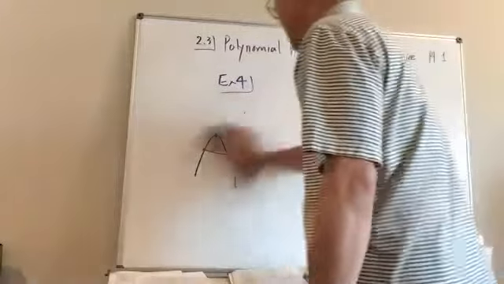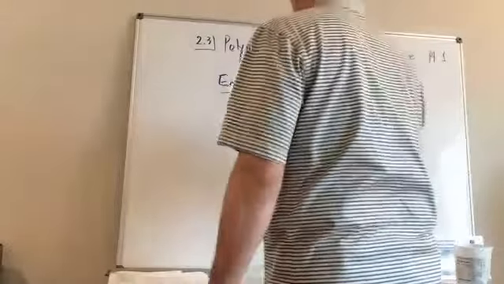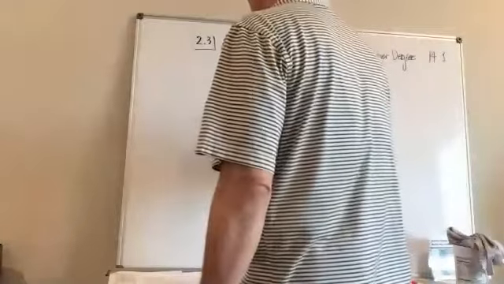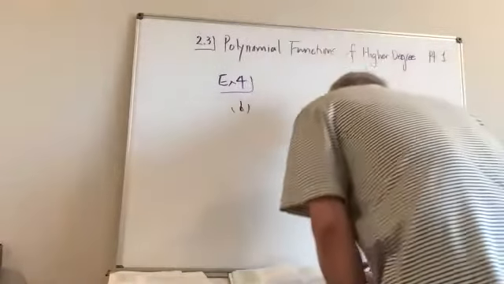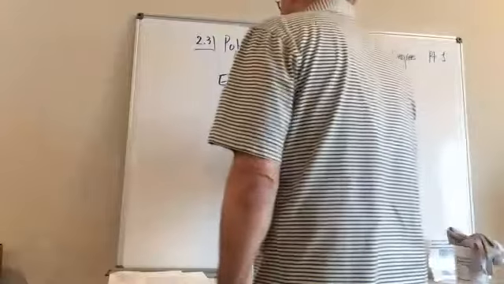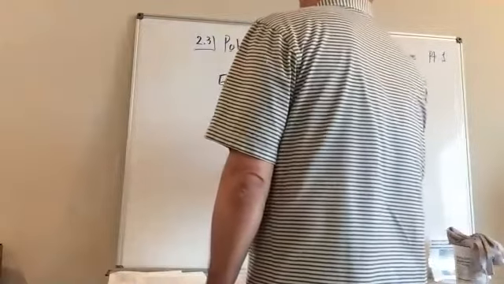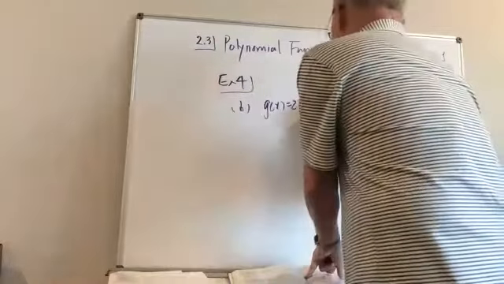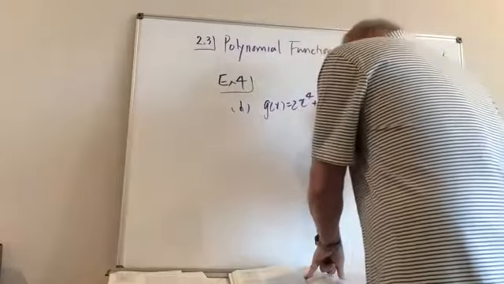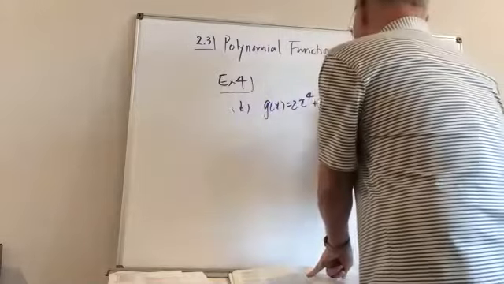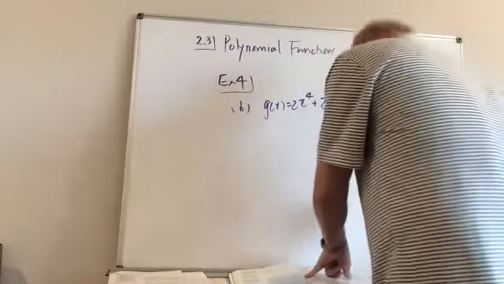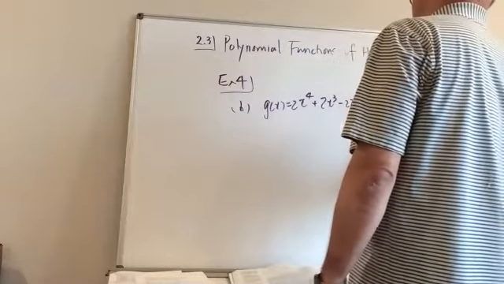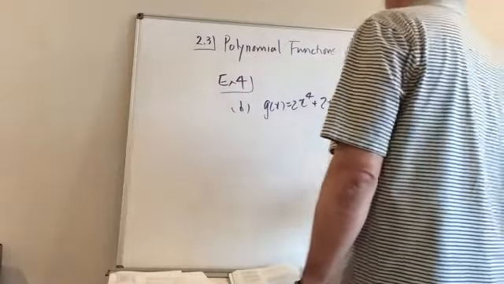So we can do B here. B, I have g of x, 2x to the 4th plus 2x cubed minus 22x squared minus 18x plus 35.